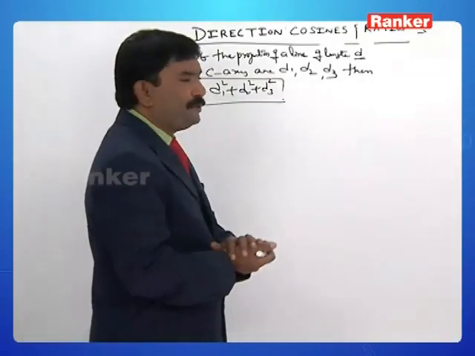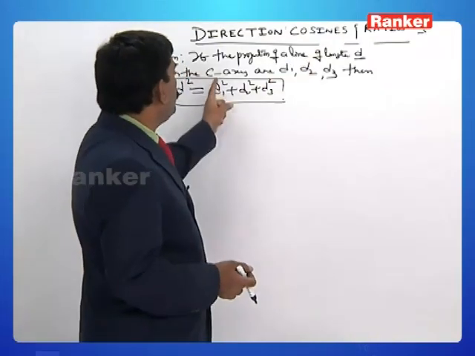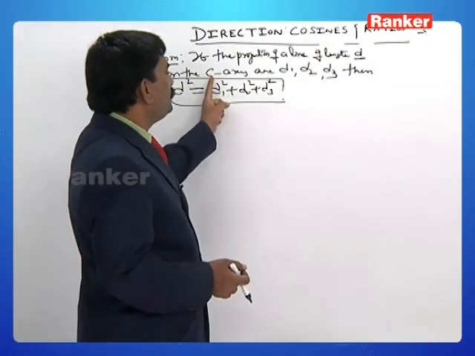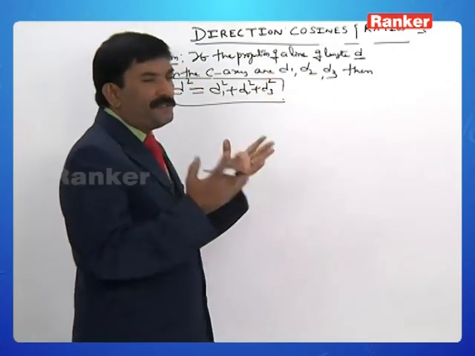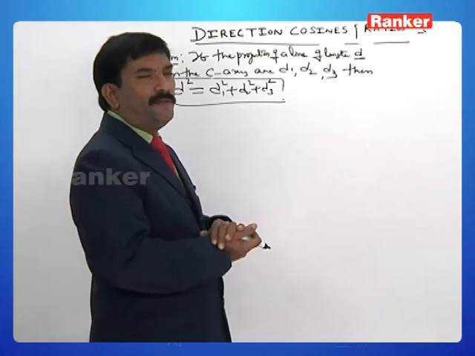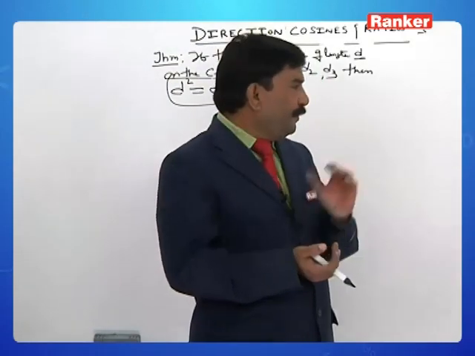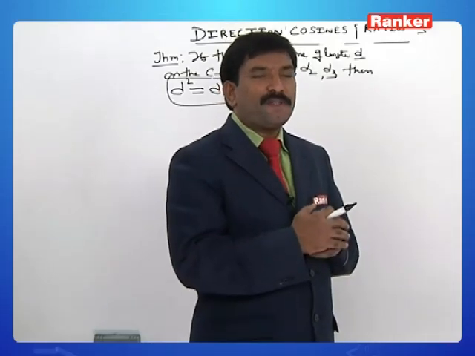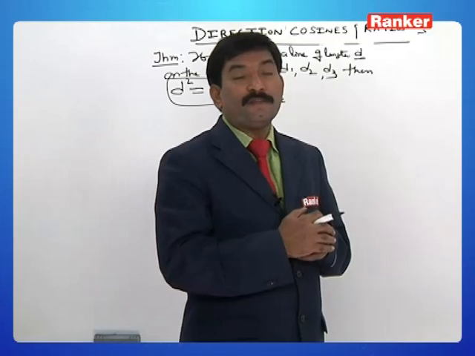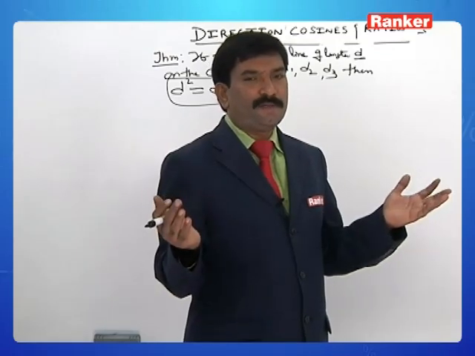Now, the projection of a line of length d on the coordinate axis are d1, d2, d3, then d square is equal to d1 square plus d2 square plus d3 square. Before starting this one, just now we had a discussion about the projection of AB on the x-axis, the modulus of x2 minus x1.